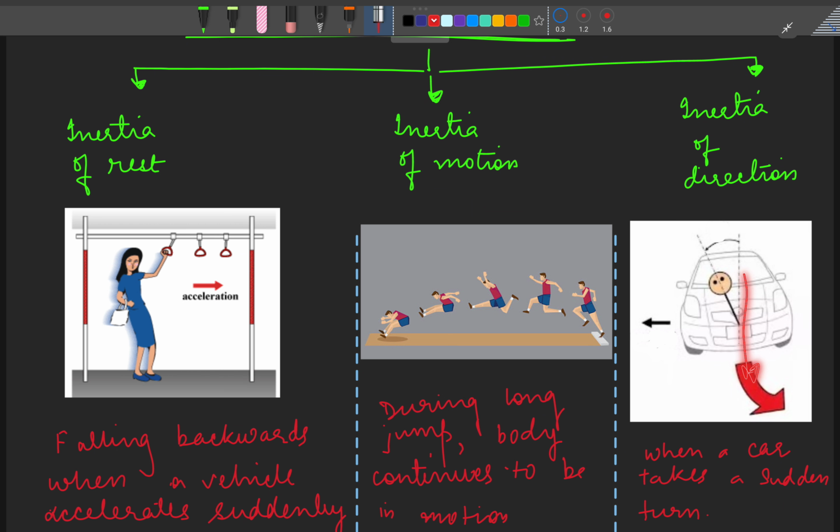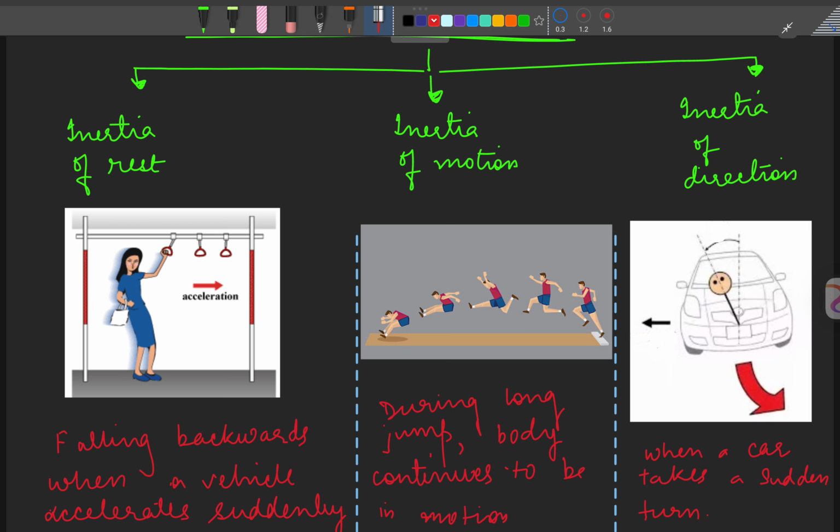Now, if the car suddenly takes a turn to the right, the car has moved here, but your body will continue to move straight, and from inside the car it would look like your body is tilted towards the left while you're taking a turn.